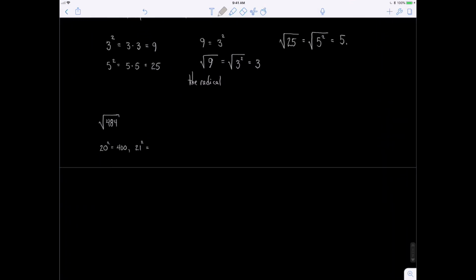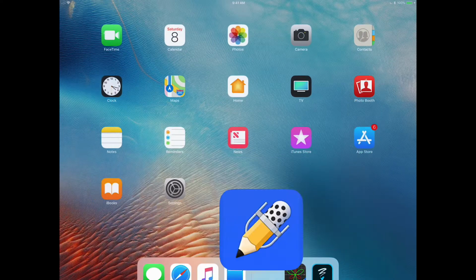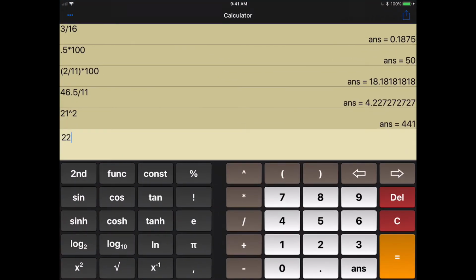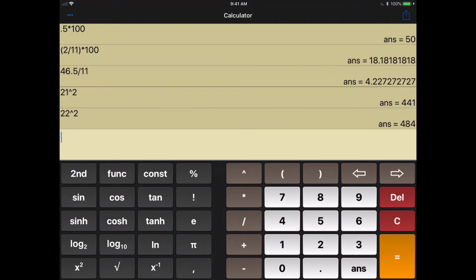All right. So we're at 441. Well, that's not 484, so let's try again. How about 22 squared? Well, let's go back to Good Grapher and see what happens. So if I go to Good Grapher and I take 22 and I square it, there it is, 484.